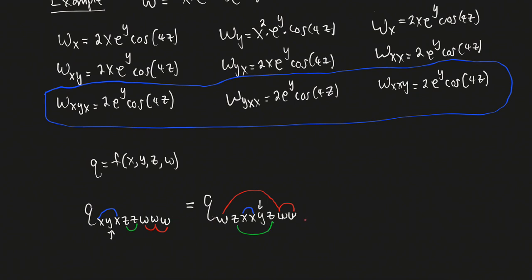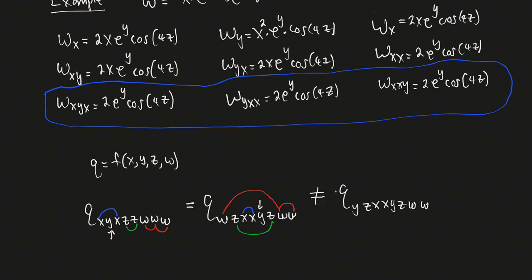If I were to do, let's say, one less w, just to emphasize, this is not necessarily going to be equal. So let's say I switched one of these w's to a y. So then it's, let's say, y, and then I kept everything the same: z x x y z w w. This one is not necessarily the same as these because I ended up differentiating with respect to each variable here twice, which is not what I did here, right?